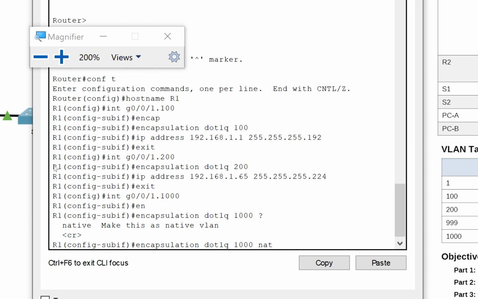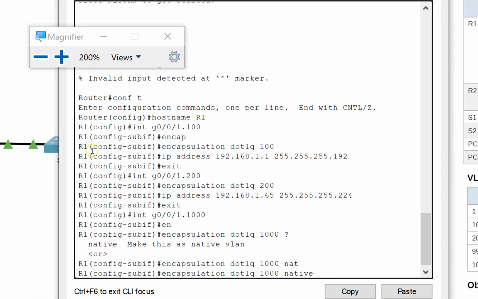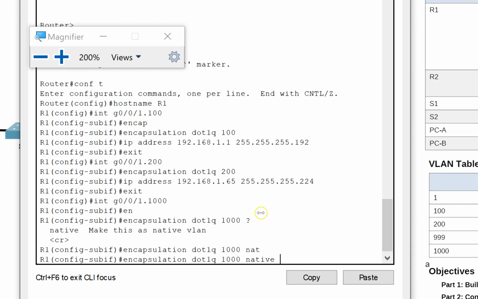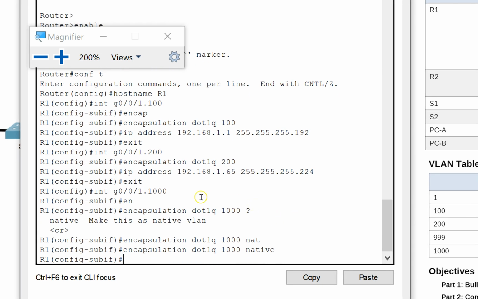It's called native. Right, and I see how I did a question mark in case I didn't remember it. So what we're saying is that this is the native VLAN. Any traffic that is not tagged at the switch level gets automatically put into the native VLAN. And so what the native VLAN allows is that traffic to travel across the network.